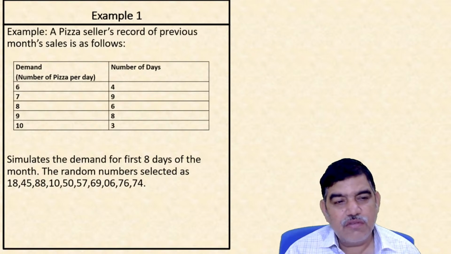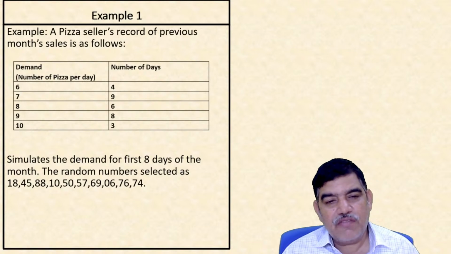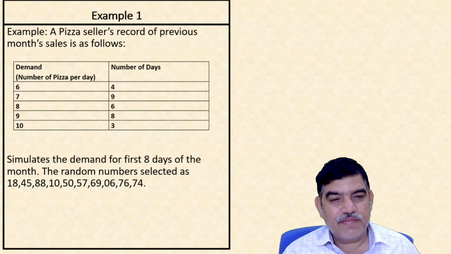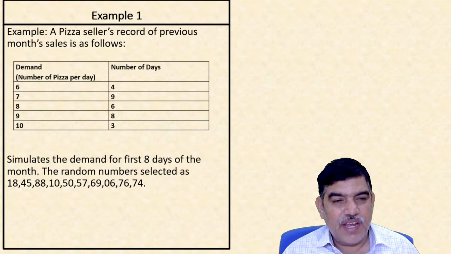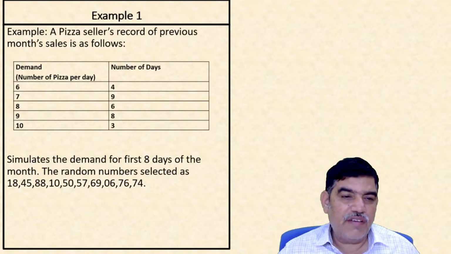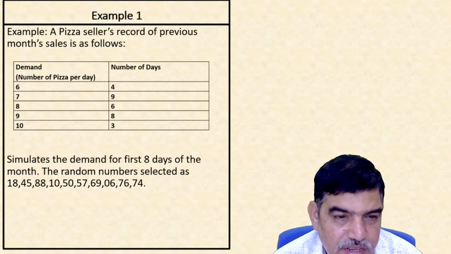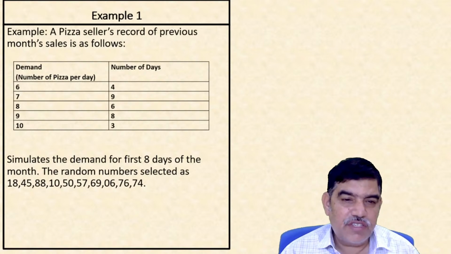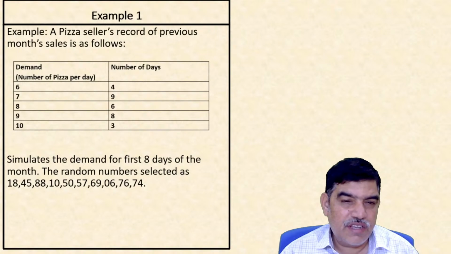The question asks you to simulate the demand for the first 8 days of the month. The random numbers selected are 18, 45, 88, 10, 50, 57, 69, 06, 76, 74.